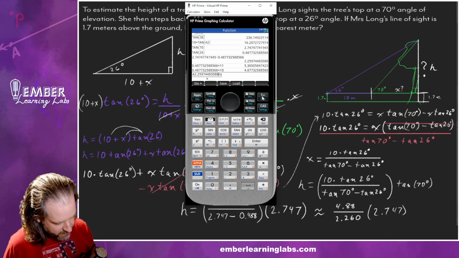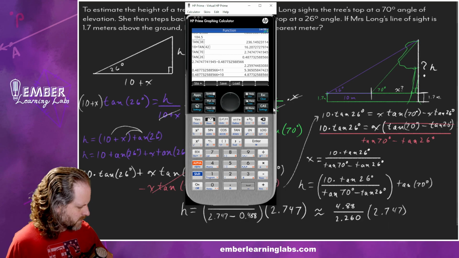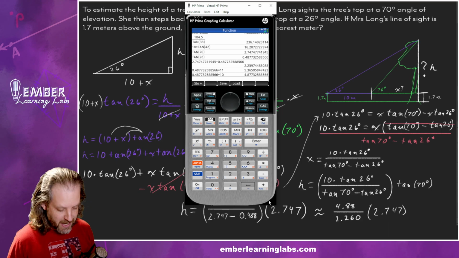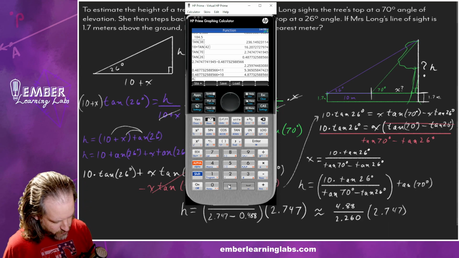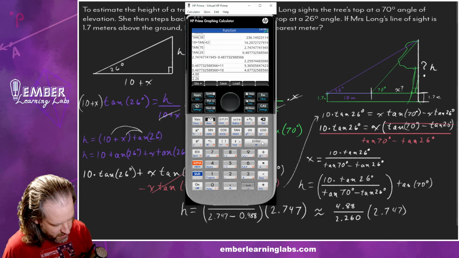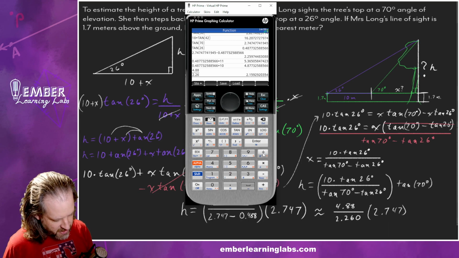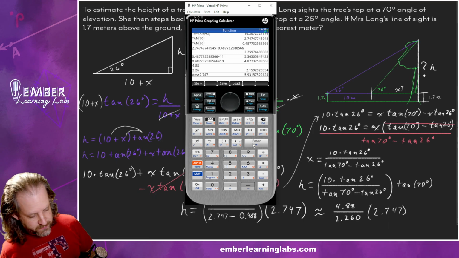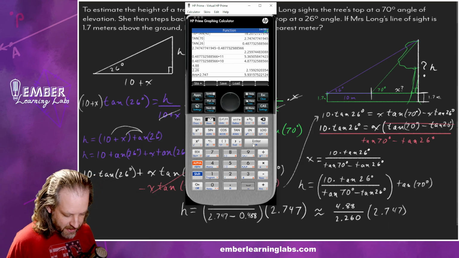I was trying to be clever, and somehow I accidentally stuck in answer or something. So let's not be quite so clever and just do 4.88 divided by 2.26 equals that, times 2.747 equals that. So h equals 5.9315.